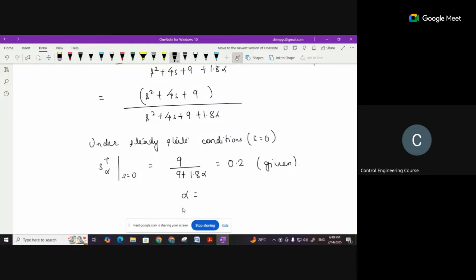And tell me. Two. Two. All of you are getting that? Do you get the value of alpha? Should it be 20? Yes, alpha comes out to be 20.